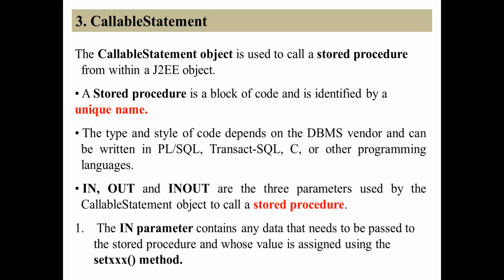When you go for the callable statement, there are three kinds of parameters we can use: one is IN, the second is OUT, and the third is INOUT. These are the three important parameters used by the callable statement object to call a stored procedure.